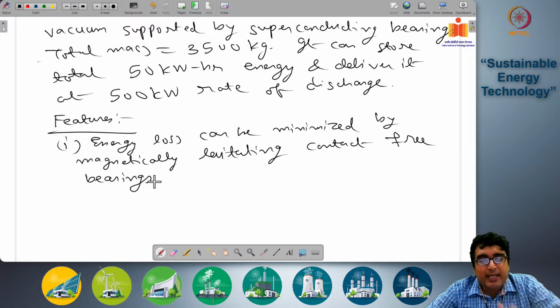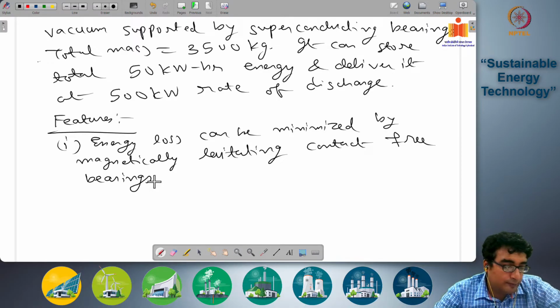But if the bearing and the shaft is magnetized, then the bearing section and the shaft can be contact free. The magnetic forces ensure that there is repulsive forces between the bearing and the shaft, which is keeping the shaft away from the bearing while holding it at a steady location. So this creates contact free bearings which have significantly lower friction.